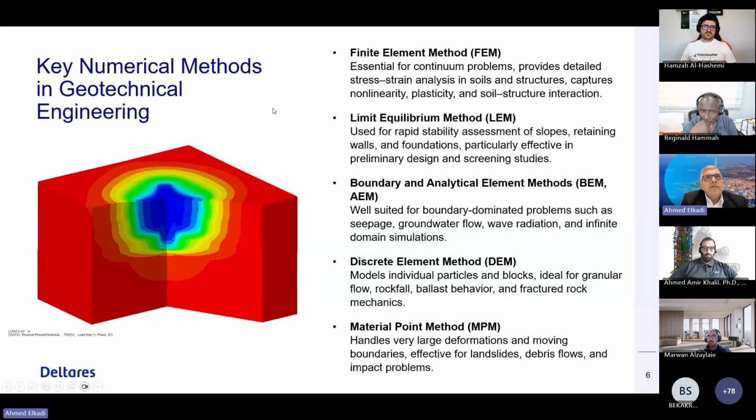Here I tried to give a glimpse of the numerical methods at hand at the moment in geotechnical engineering. That's not all of them, but the ones that we use most, and some of them will be discussed today. I mentioned already the finite element method, the most widely used for continuum problems. It's the workhorse of numerical methods in geotechnical engineering.